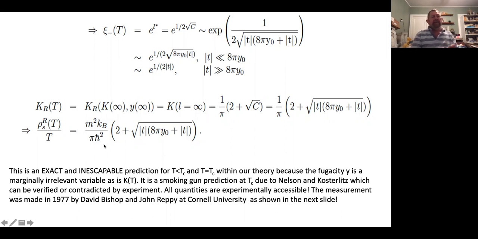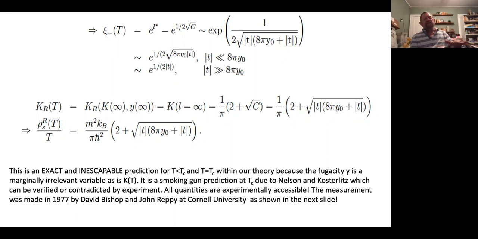And the important point is that this prediction is an exact and inescapable prediction for t less than TC and t equals TC within the theory. Technically, the reason why this is exact is because the renormalization group variables we're working with are what are called marginally irrelevant. And so the perturbation expansion in the fugacity has a chance of converging.